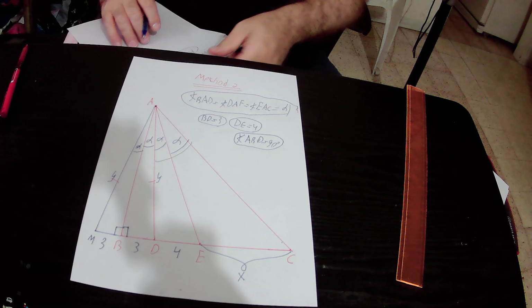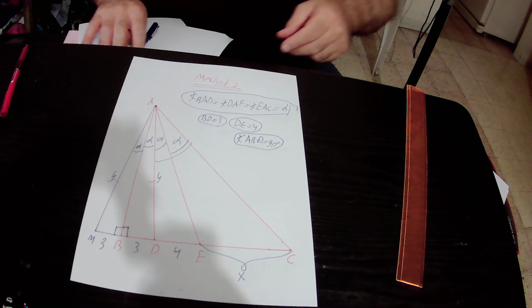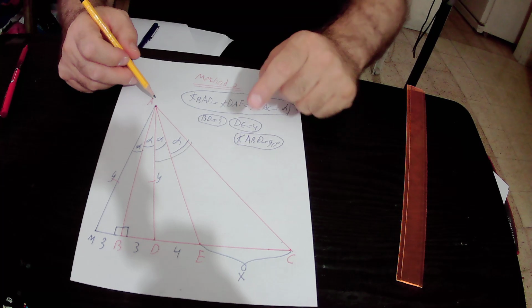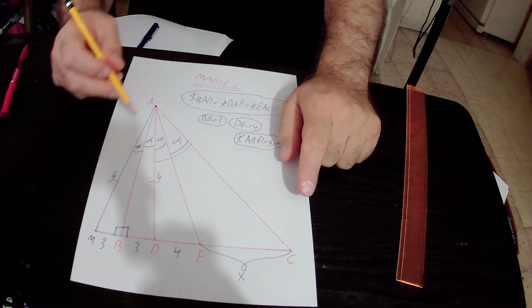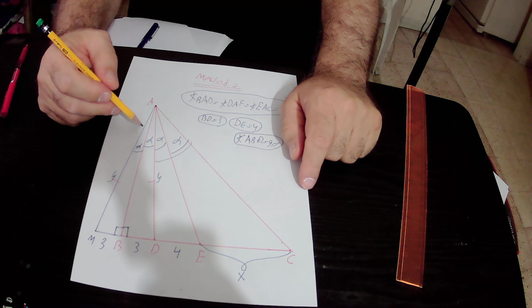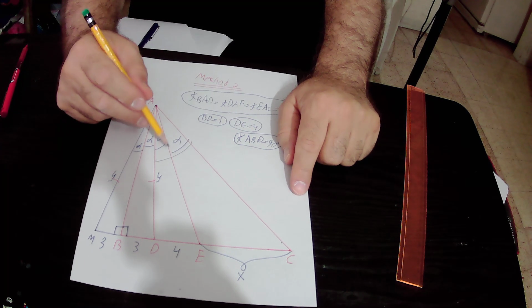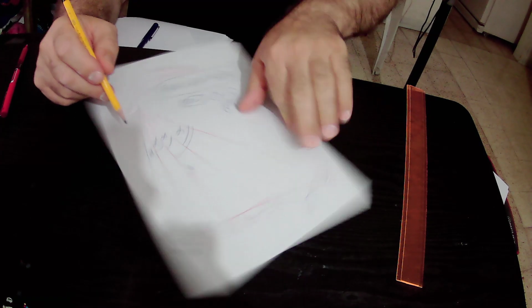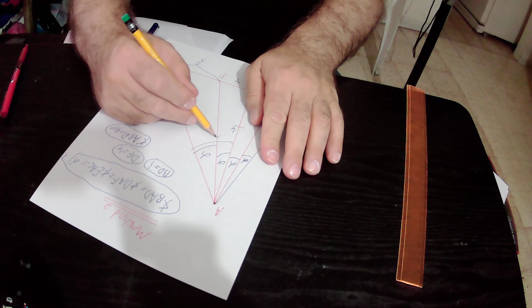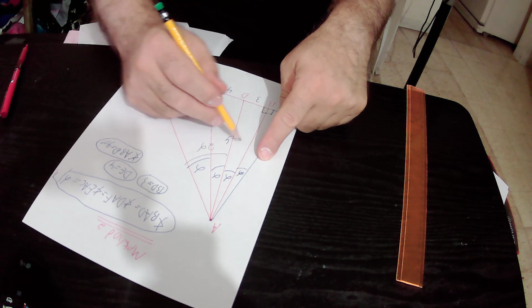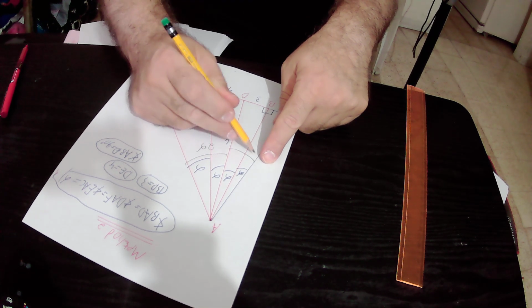Why is AD angle bisector? AD divides angle CAM into two equal parts. That is to say, the first part is 2 alpha, and the second part is also 2 alpha.